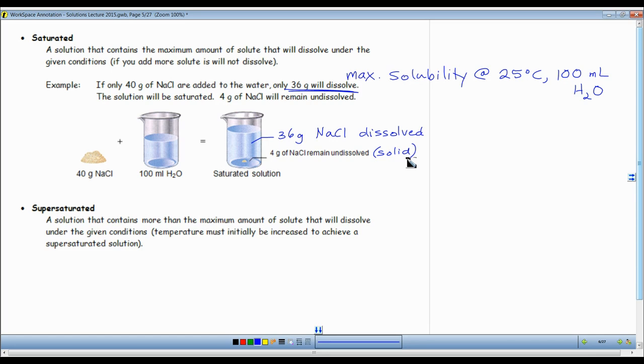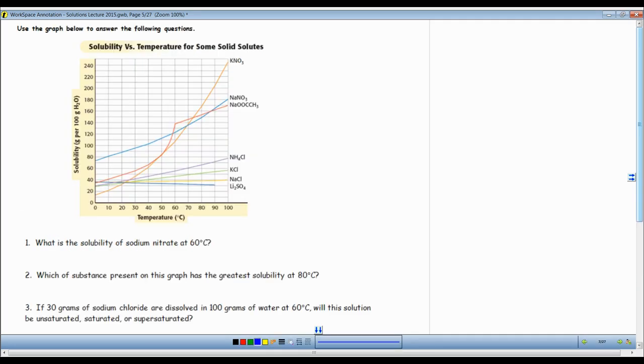Crazy. Okay, so I want to show you this graph. You're going to see these on tests and quizzes and practice problems everywhere. This is a graph of solubility versus temperature for some common solid solutes. Notice in general, most of them slope upward.